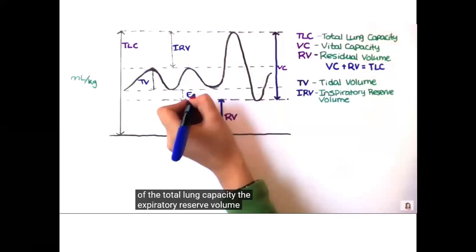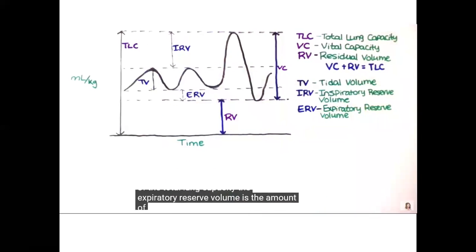The expiratory reserve volume is the amount of gas that an individual can exhale beyond a tidal expiration. So as you're sitting there and exhale normally, and then push all the gas out that you possibly can, that's your expiratory reserve volume. Normally, it's 20% of total lung capacity.